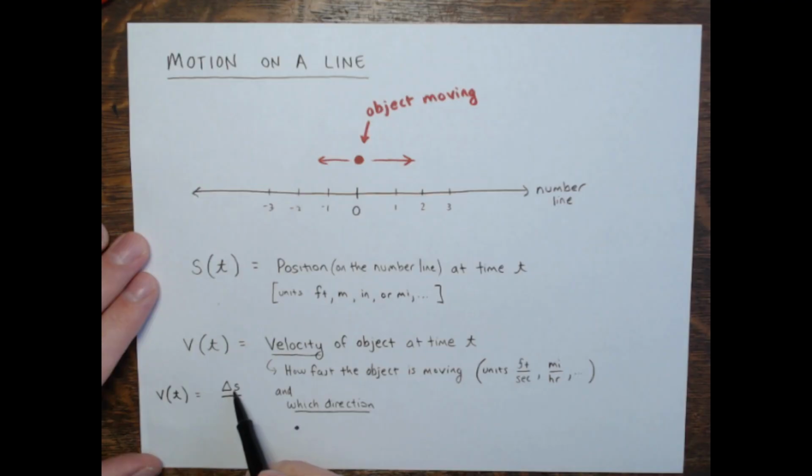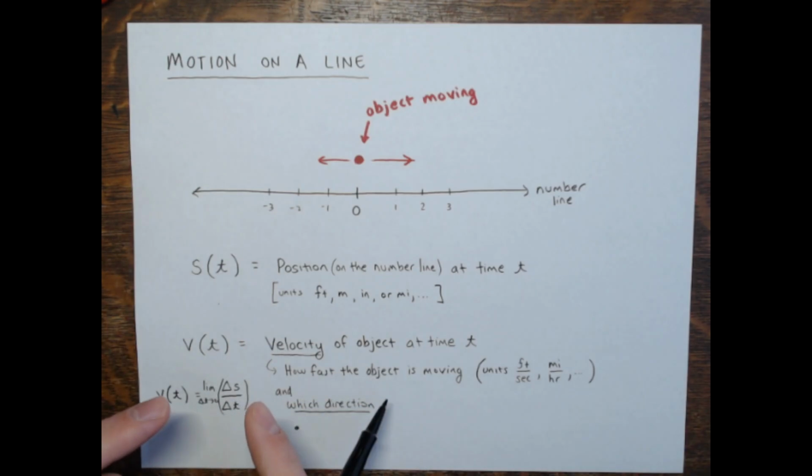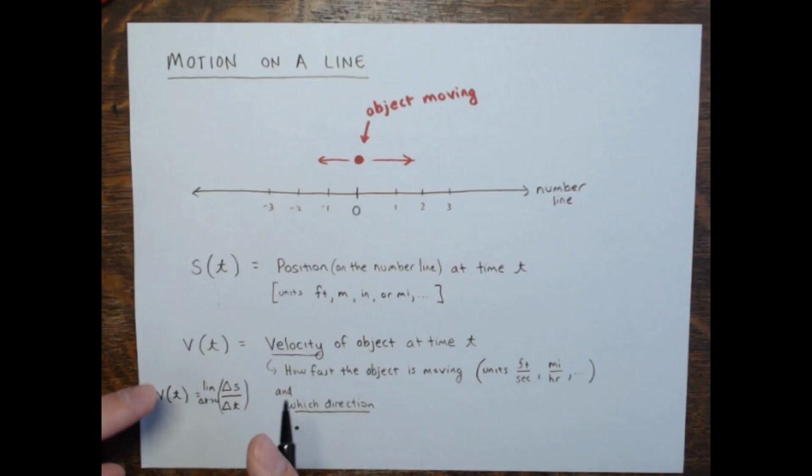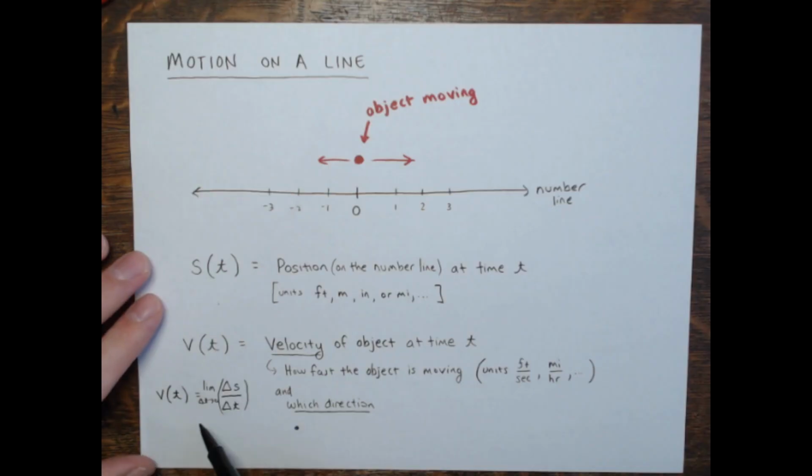How many feet or miles did I move, divided by the change in time. So how far did I move over a given period of time? Now, if we want the velocity at an instant, we take the limit as delta t approaches 0, having that change in time shrink to nothing and be at one instant.